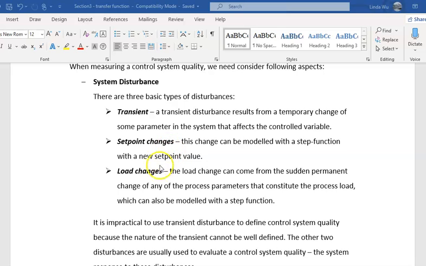But the set point change and the load changes, as we talked about before, we can model as a step signal. So a step signal models these two changes, and these are most often the disturbances for a control system we will try to analyze.